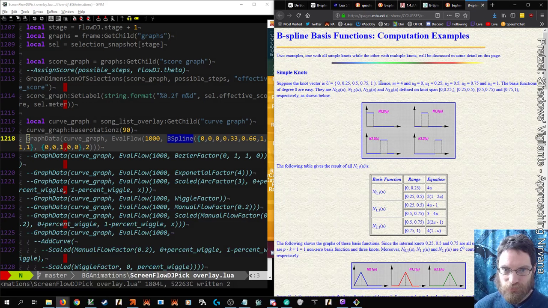Not vector. They're using different terminology. Oh, you're degree 0. Okay, so degree 0 is supposed to be a thing. I mean, it's just straight up hard linear.